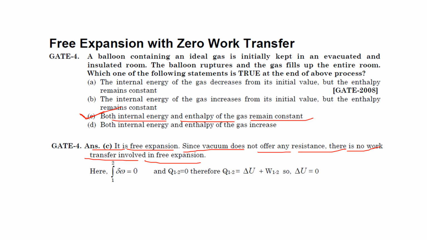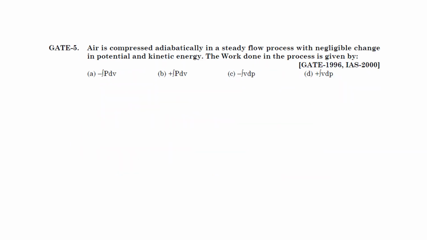Here we integrate from 1 to 2, dQ is equal to 0. So Q12 is equal to 0. Therefore, this is the first law of thermodynamics: Q12 is equal to delta U plus W12. So delta U is equal to 0. So its answer is that both internal energy and enthalpy of gas remain constant.